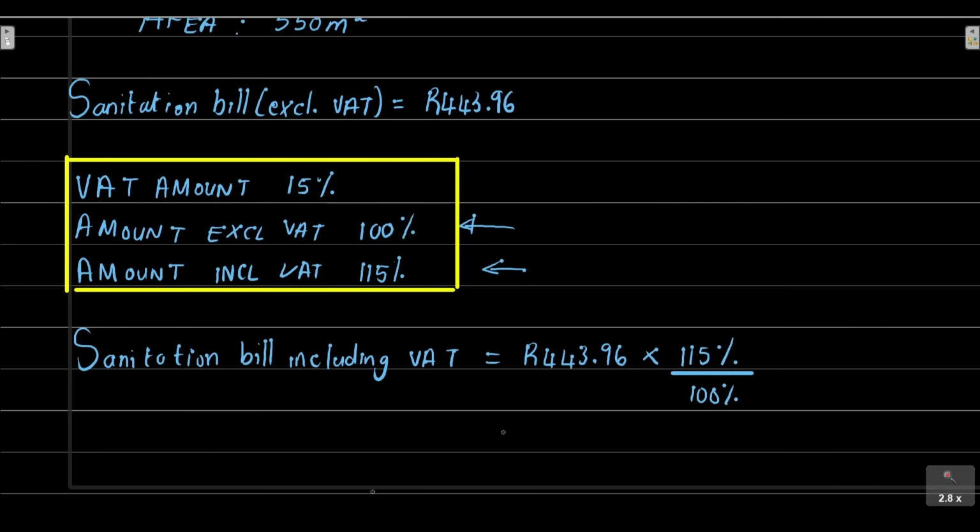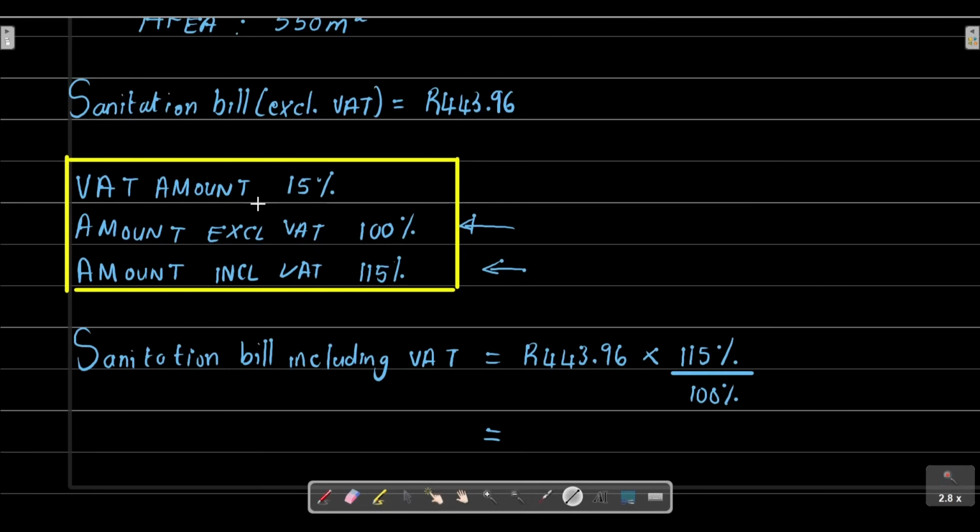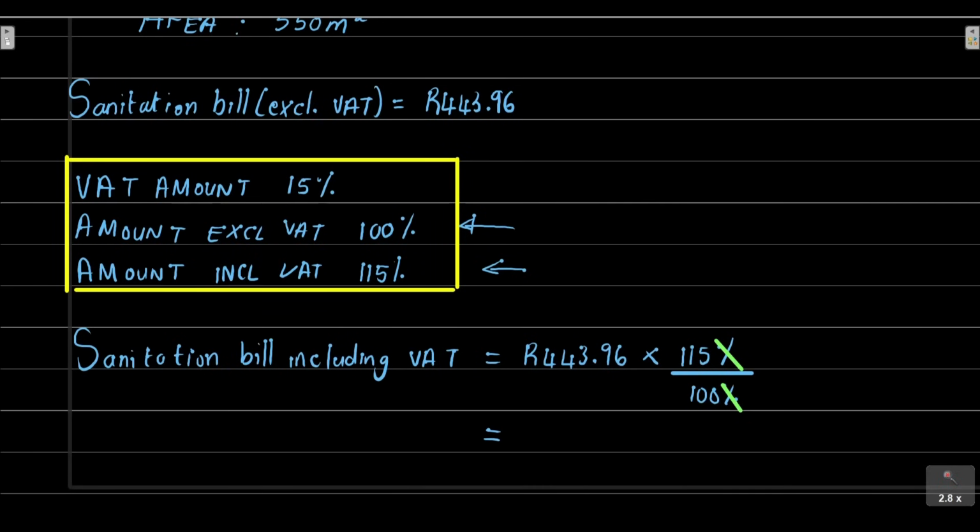I've already mentioned in the previous video tutorials that this percentage and that percentage cancel, so you don't have to put it into your calculator. So if you take 443.96 and multiply that by 115 divided by 100, you will get the answer.